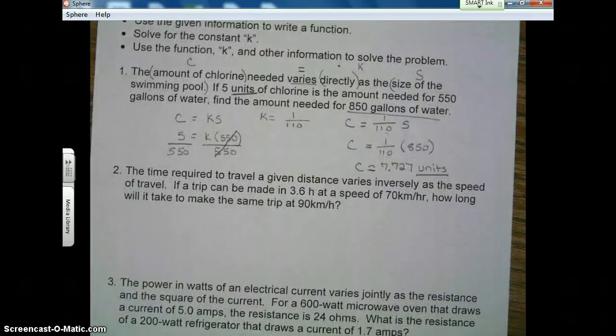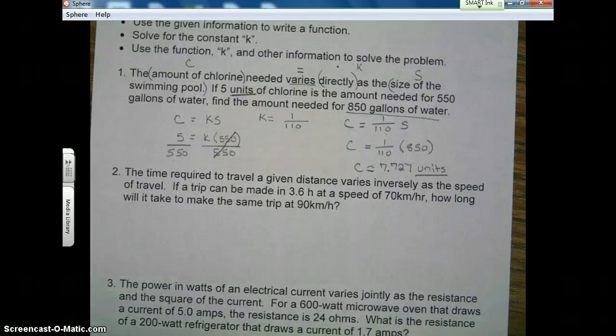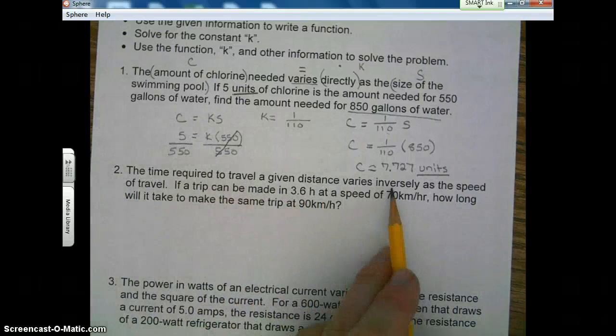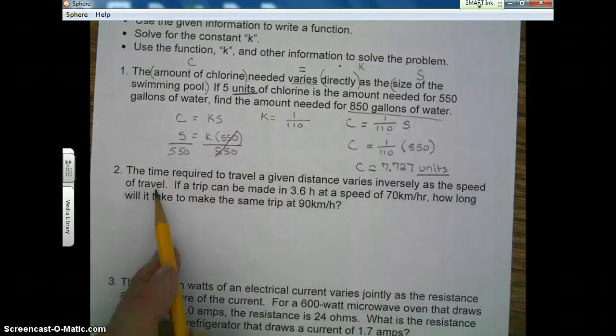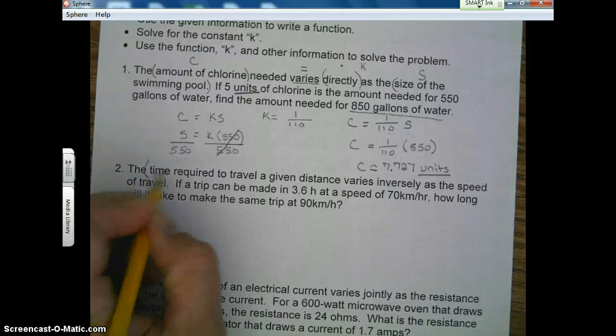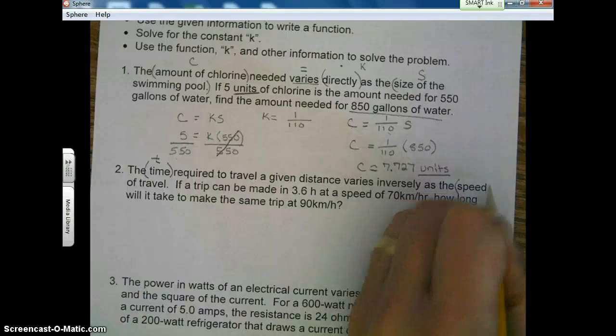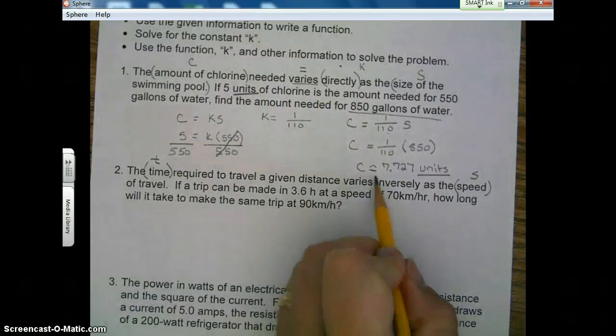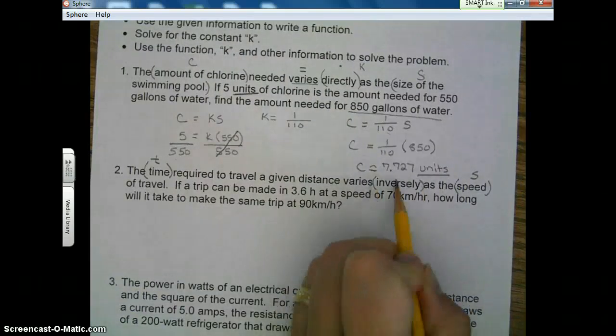Okay, looking at number 2. The time required to travel a given distance varies inversely as the speed of travel. So our two variables, time, speed. Inversely means to divide.